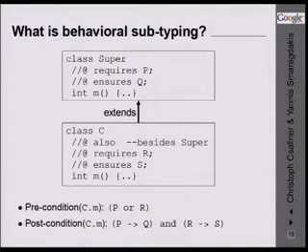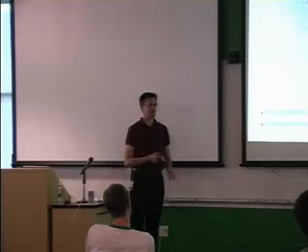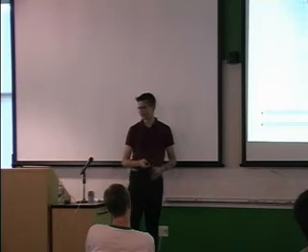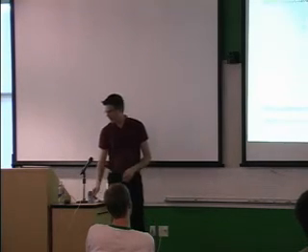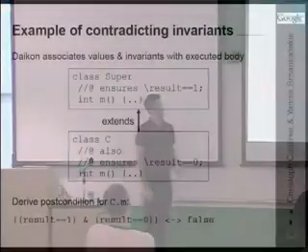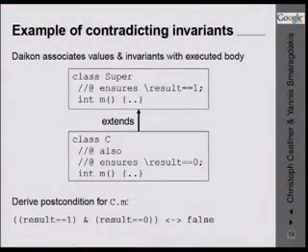But what happens if you do dynamic invariant detection like Daikon does? How Daikon works is that it observes some behavior, and then it associates that behavior with the method body that was executed.